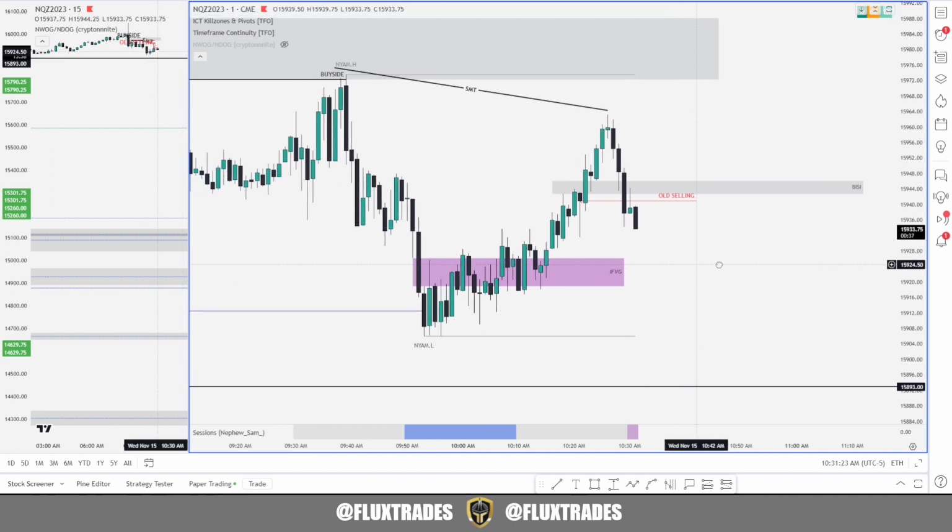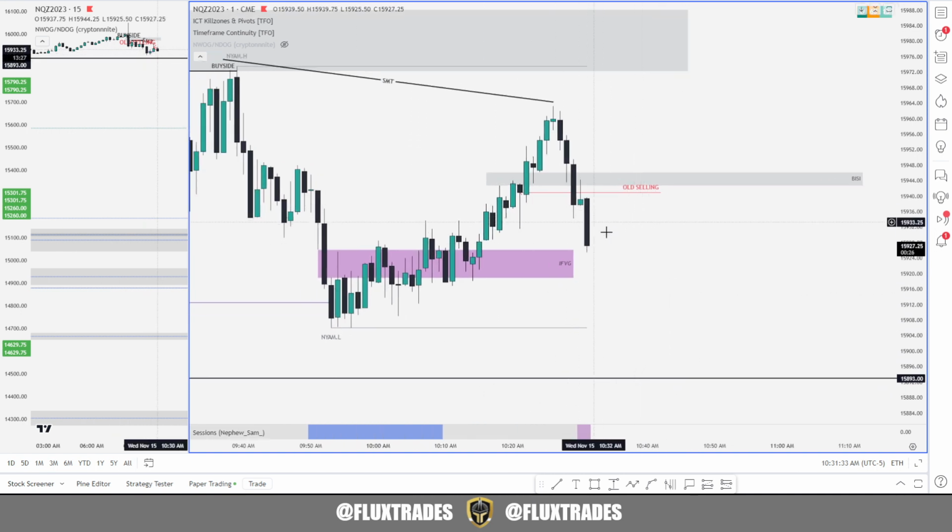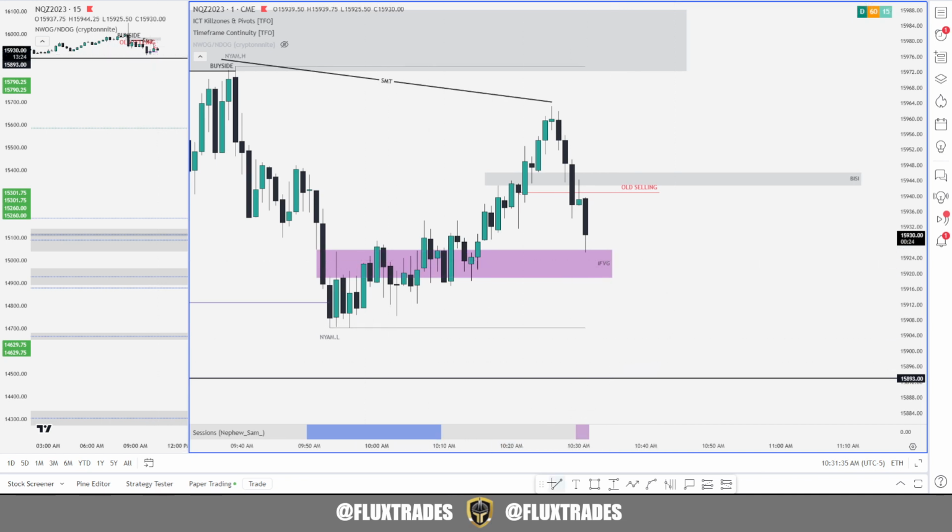I'm liking shorts here. Let me send that to predictions as well. Oh, nice. So close below the old selling. I'm looking at the sell side now.